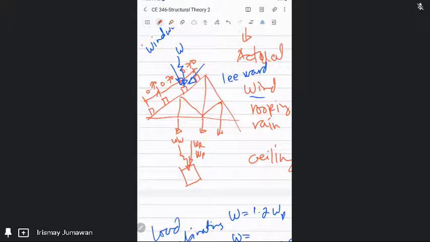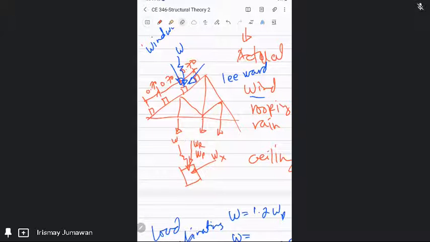That is where they come from. You have to determine also the X and Y components. So this is WX, and this is your WY.